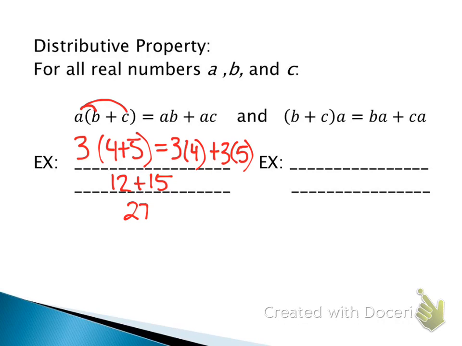But not all of the problems that we see are going to just have numbers in them. For example, we could have negative 2 times the quantity x plus 10. On a problem like this, when we distribute, we take negative 2 times x plus negative 2 times 10.